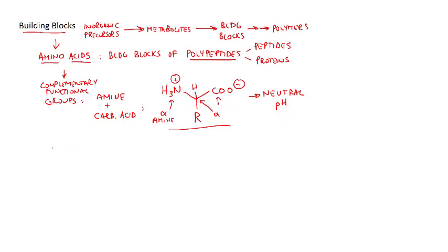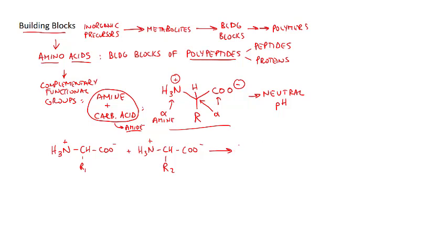Now, the way that amino acids react together, just to jump ahead a little bit, is like this. Whenever you have an amine and a carboxylic acid together, they can react to give you an amide. So what would that look like? It's going to look like this. Now we have R1.